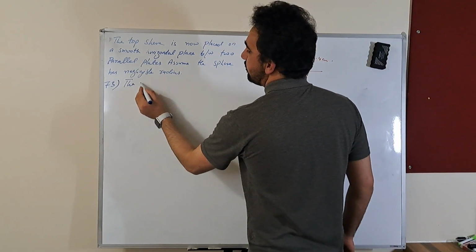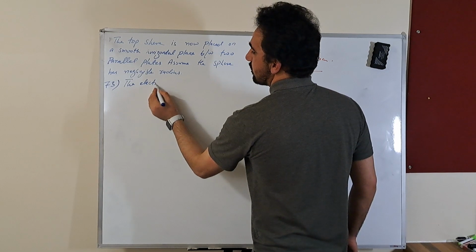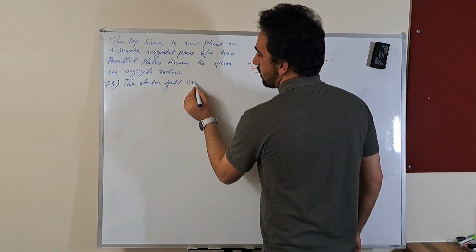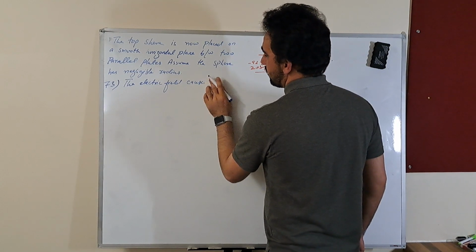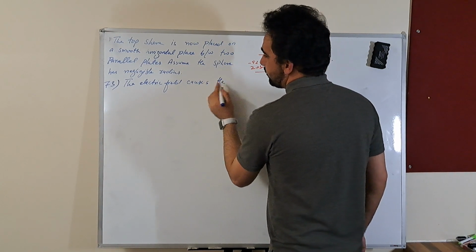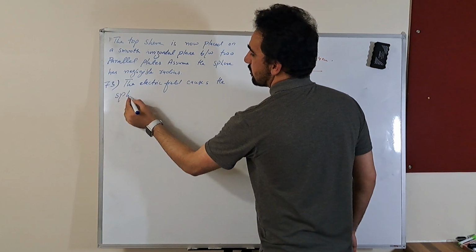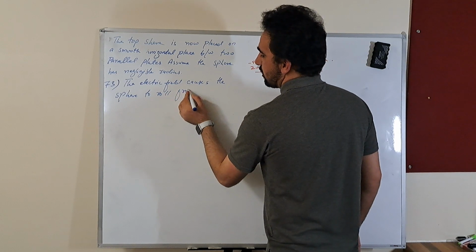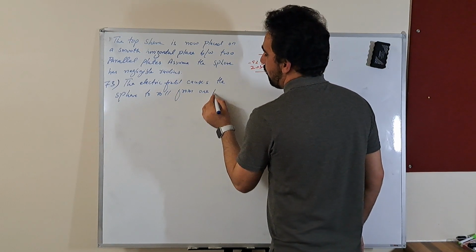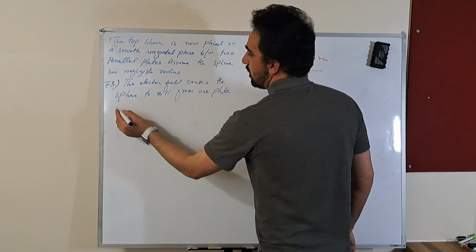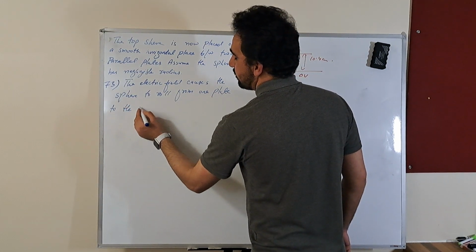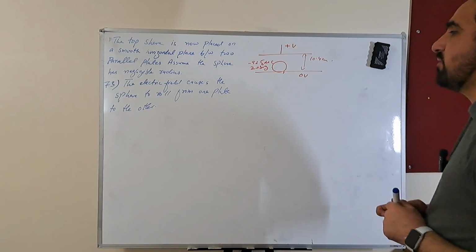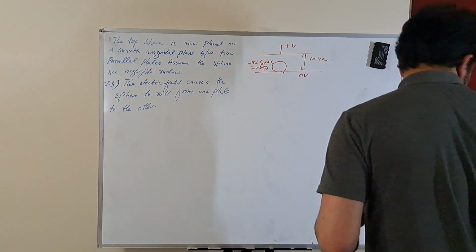The electric field causes the sphere to roll from one plate to the other. Alright.